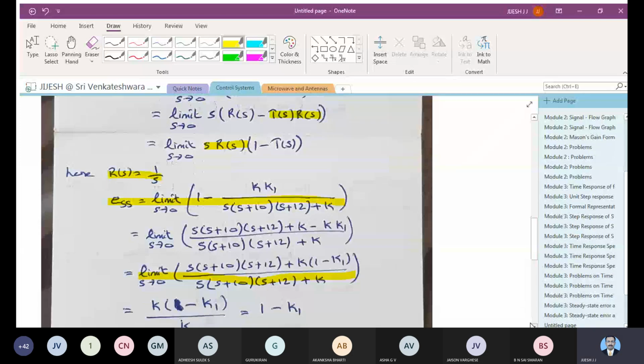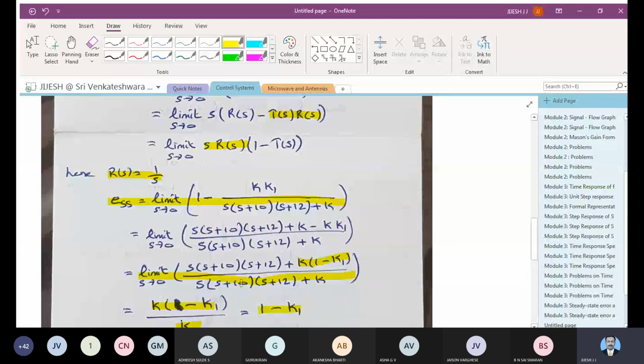So when you go for the limit of s tends to 0, this entire term will be simplified as k into 1 minus, see this is left out here, k into 1 minus k1 divided by k. So k will get cancelled. Finally, you will get it as 1 minus k1. So ESS you will get as 1 minus k1.